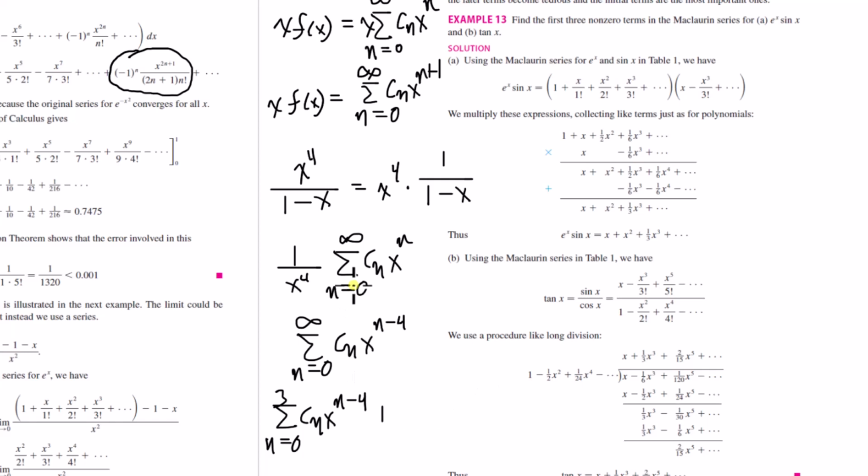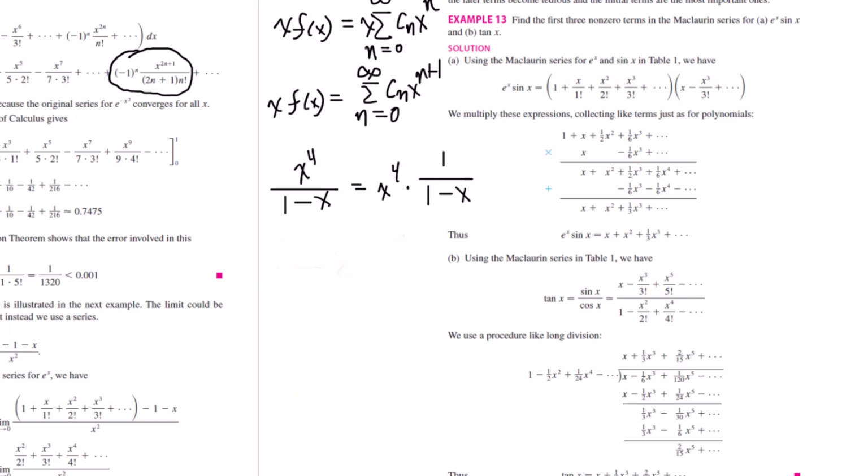However, what you can't do, or at least we haven't proven anything like this to be true, is this: take cosine of x and its Maclaurin series. You can't say, okay, we're going to multiply both sides by 1 over x to the 4th.